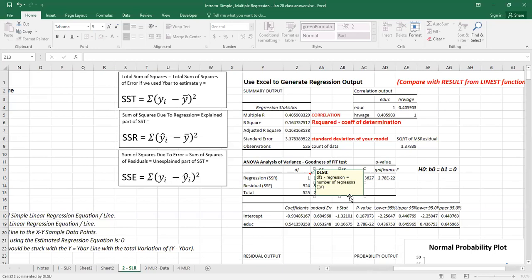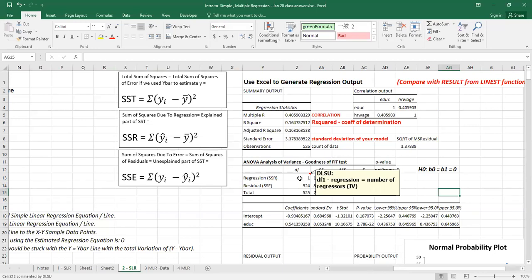Ilan ba yung independent variable natin? Okay guys, ilan yung independent variable natin? Di ba si education lang? Kaya 1 yan. No? Okay, so the degree of freedom for your regression is the number of independent variables. Lagi yun, guys. Kaya 1 to.